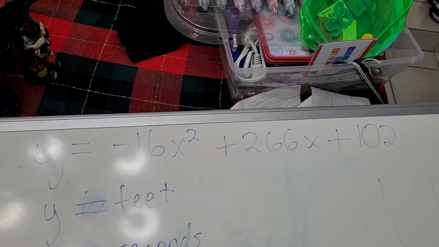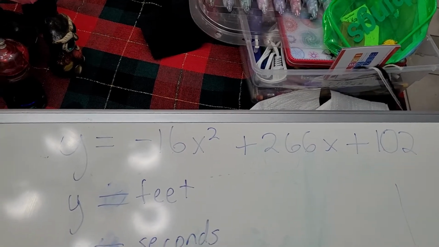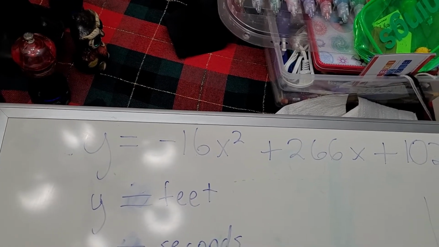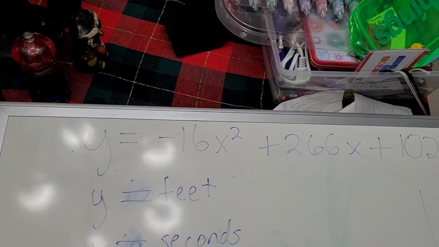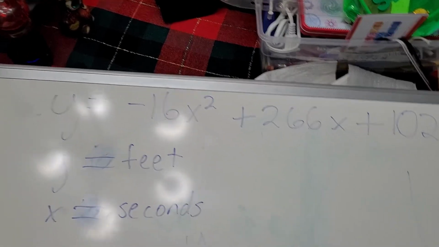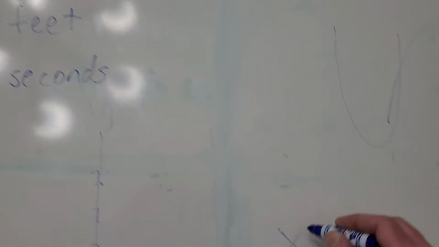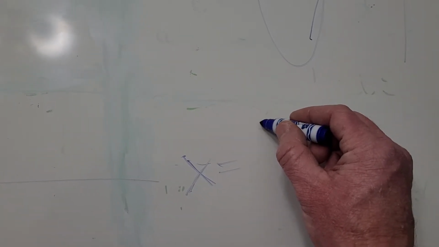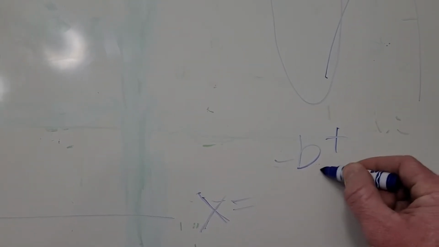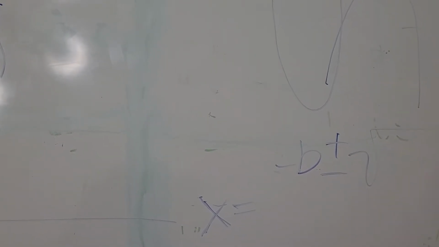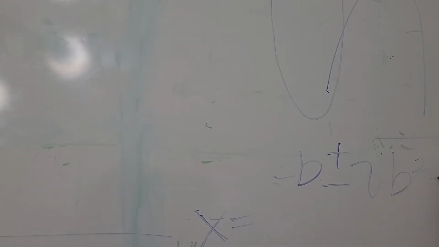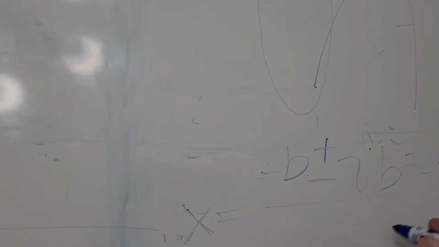Let me pull it up here. The quadratic formula is x equals minus b plus and minus the square root of b squared minus 4ac all over 2a.